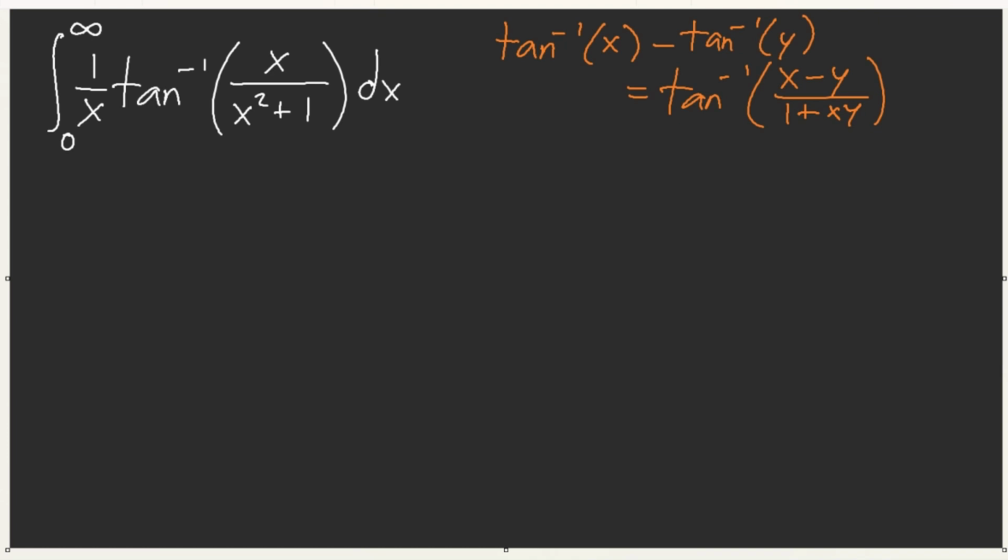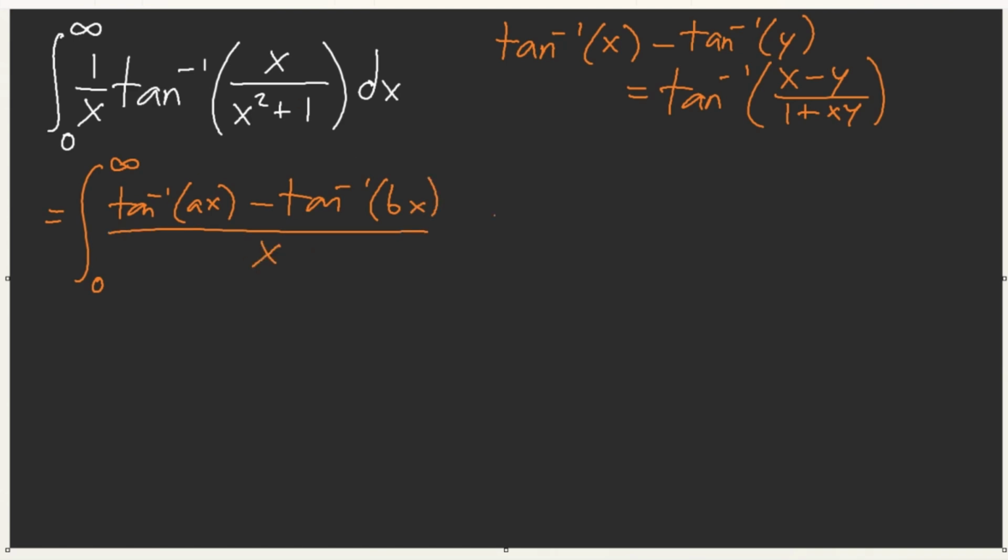So why am I using this? Because our whole goal is to convert this into this, just by using this identity. But how am I going to do that?